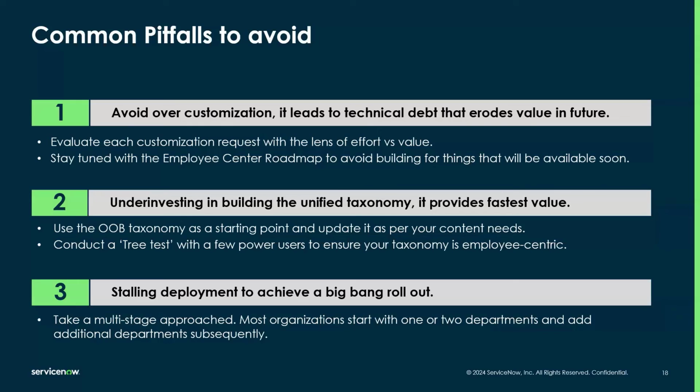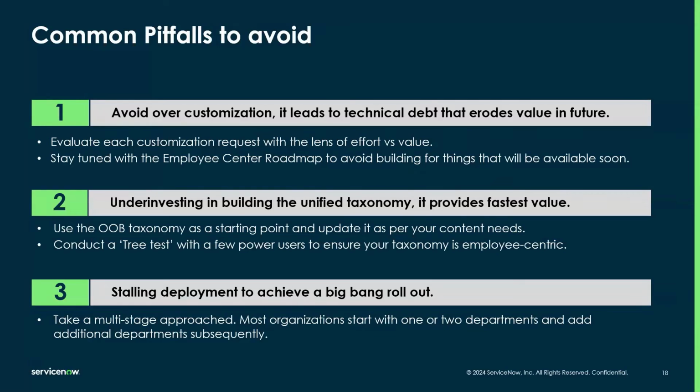So we recommend that you invest in building an employee-centric unified taxonomy at the onset to achieve fastest value from your deployment investment. And the good news is that we have an out-of-box taxonomy that is a great starting point. So you don't have to start from scratch for building that taxonomy.